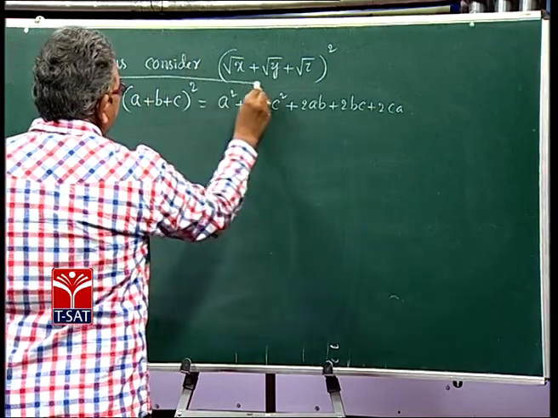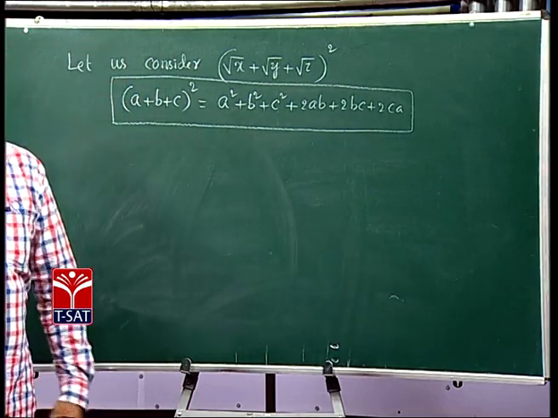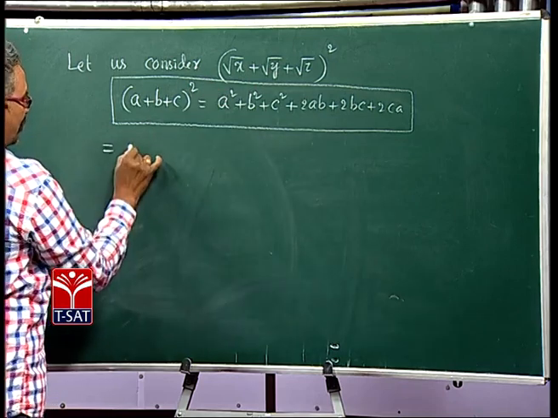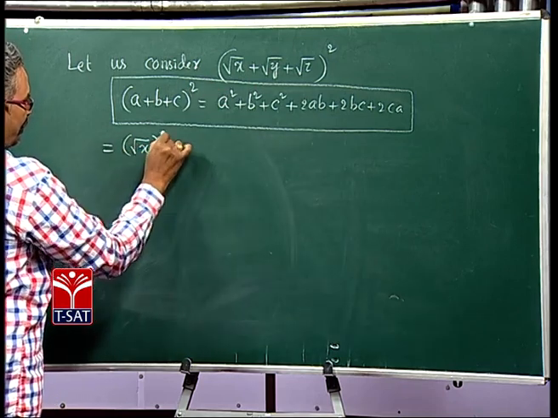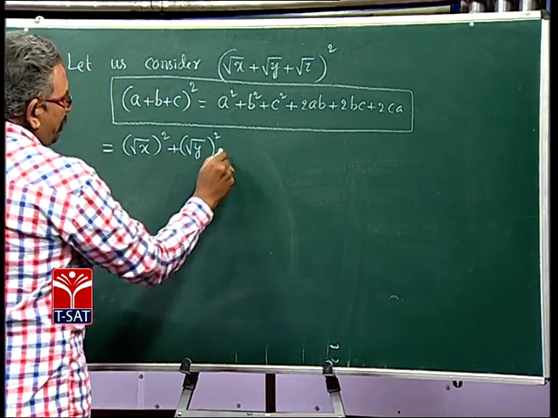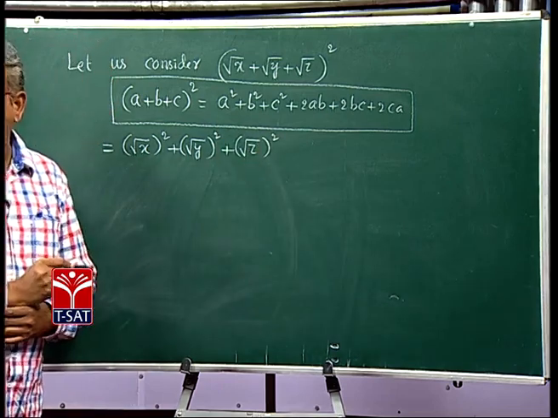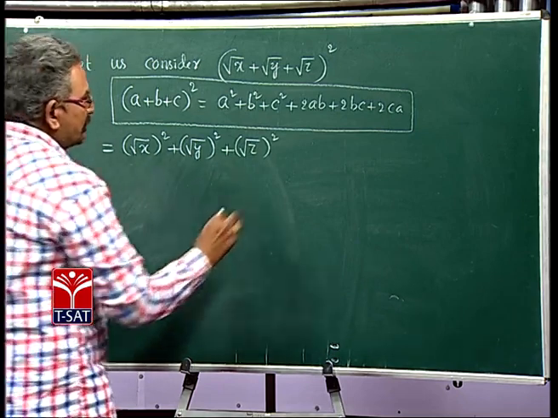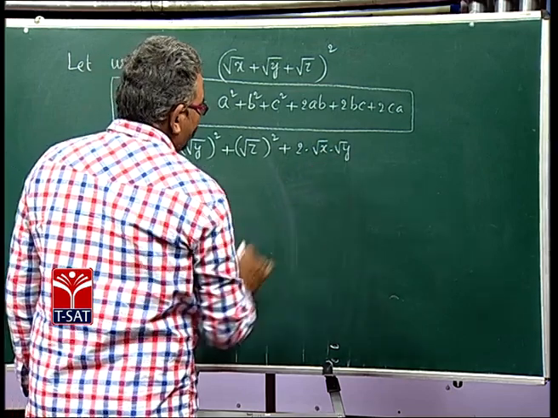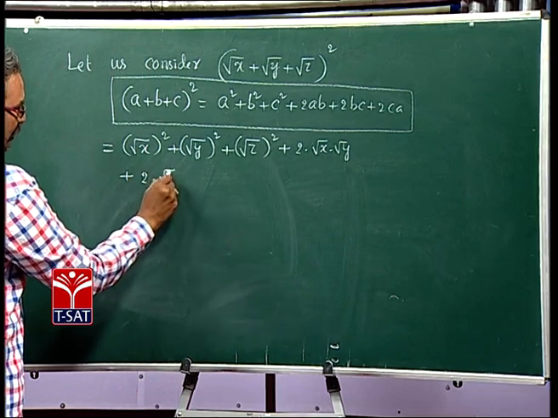This is one of the algebraic identities. So, using this we can write now root x square plus root y square plus root z square, plus 2ab, 2 into root x into root y, plus 2 into root y into root z.